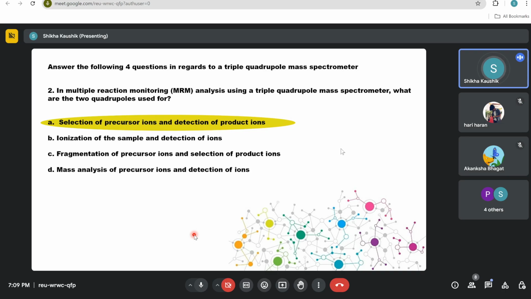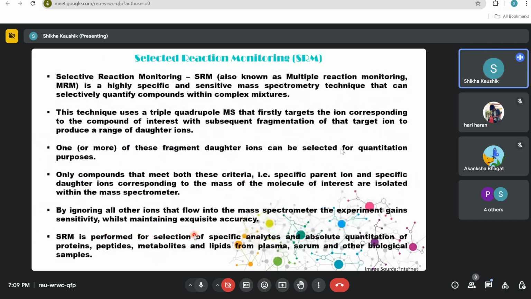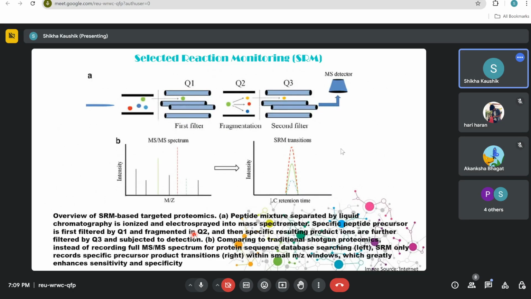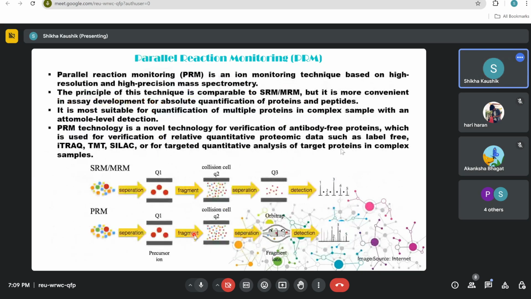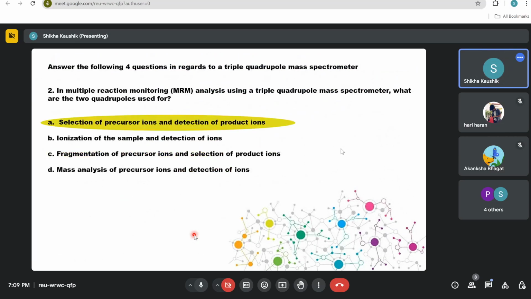I think there is some confusion. The answer is going to be C. The second quadrupole is used, as I have shown you even here, for fragmentation of a selected ion, whereas they have given selection of... I think there's some confusion, it's going to be C.